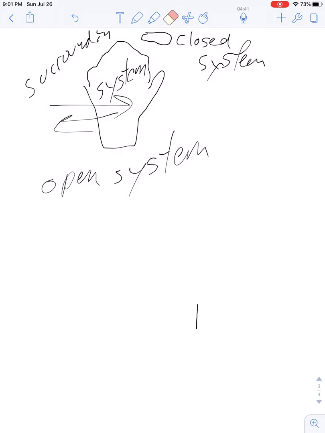Another definition is a state function and non-state function. Okay?